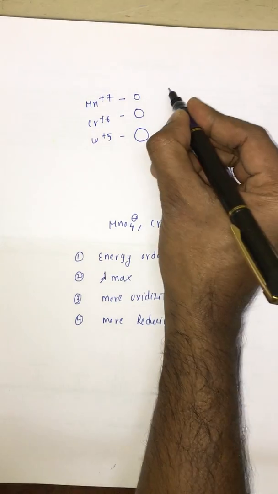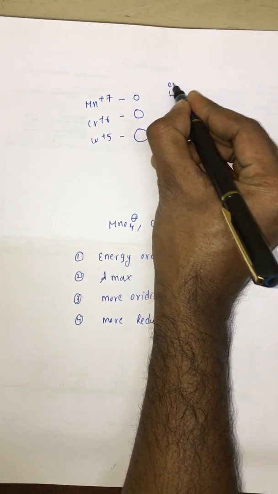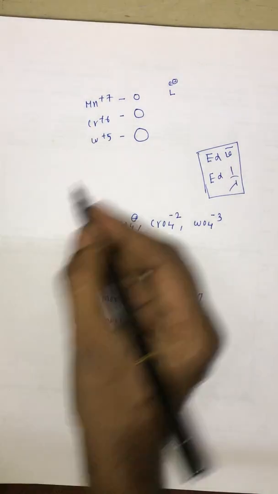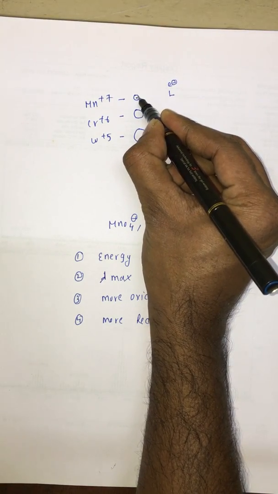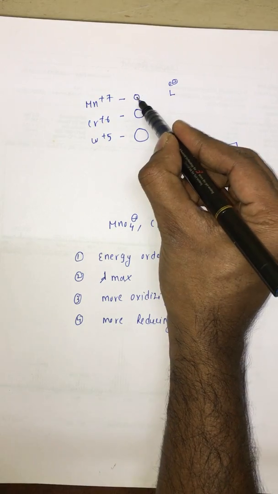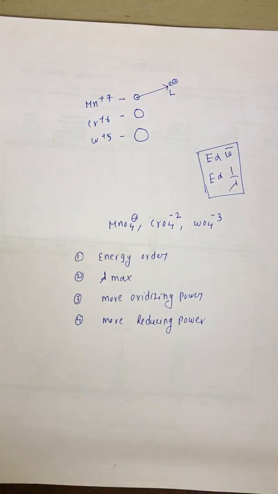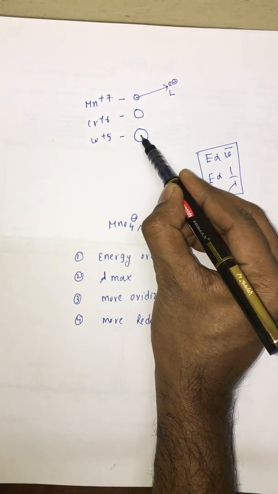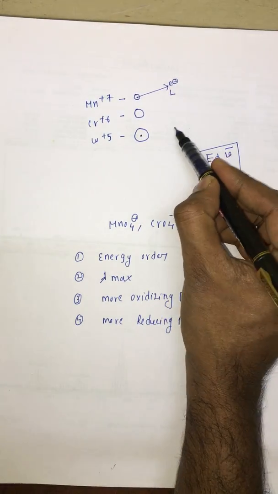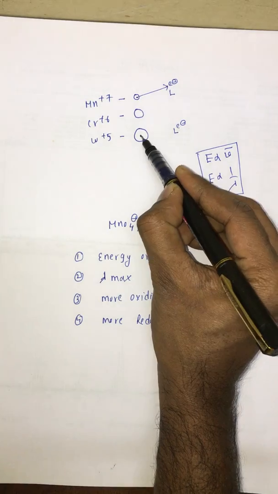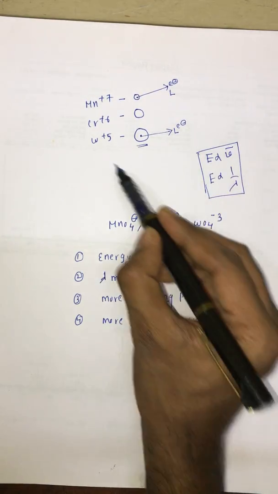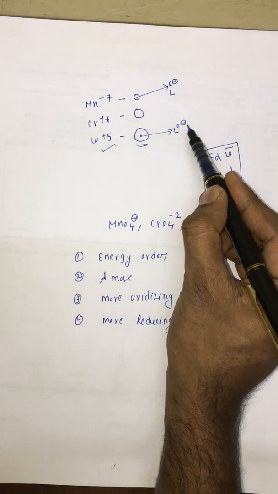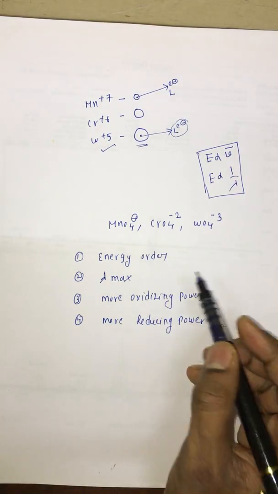Now we have a ligand electron here. The nucleus is very close to the outer shell electron, so it can easily attract this electron, and for that we need not give any energy. Whereas here the nucleus is far from the electron, so we need to give some energy to vanadium +5 in order to attract this electron.